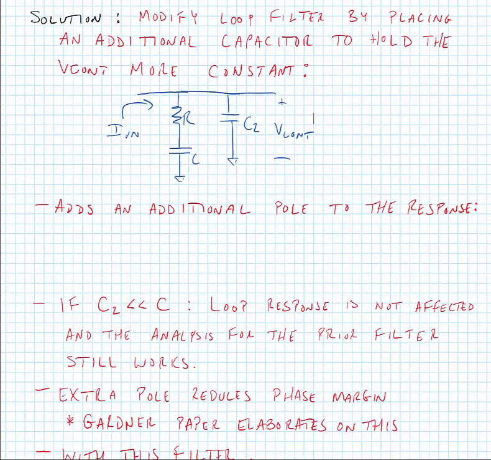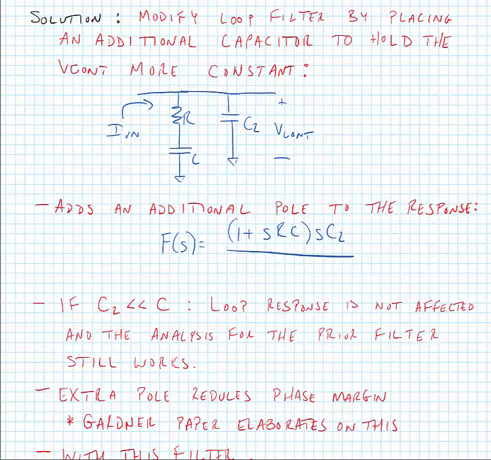This adds an additional pole to the response, and our modified frequency response becomes F of s is equal to 1 plus sRC, times sC2, divided by 1 plus sRC plus s squared C times C2.